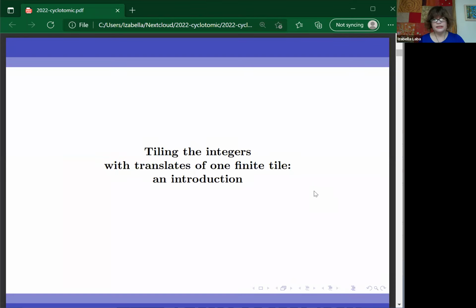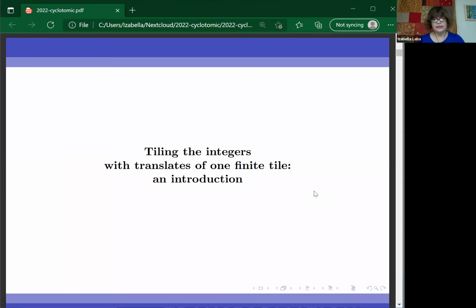I'm going to be interested in tiling the set of integers with translates of one tile. There are also interesting questions about tiling with more than one tile and tilings that involve mappings other than translations, but I'm not going to get into that right now. So here's the problem. Let's say that A is a finite set of integers.